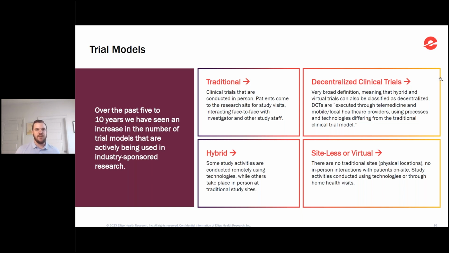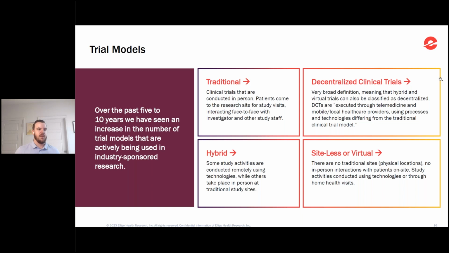But again, broadly speaking, DCTs are executed through telemedicine and/or mobile health providers using processes and technologies that differ from the traditional clinical trial model. So as you can see, an extremely broad definition. That's why we felt it would be a good idea to go into a little bit more detail about the main two that we see.